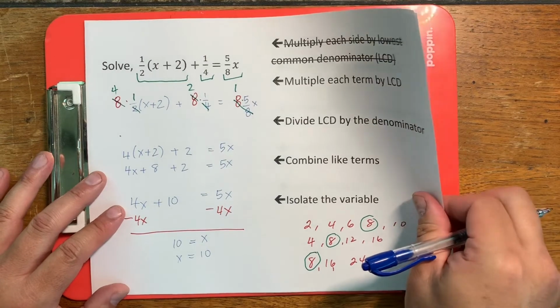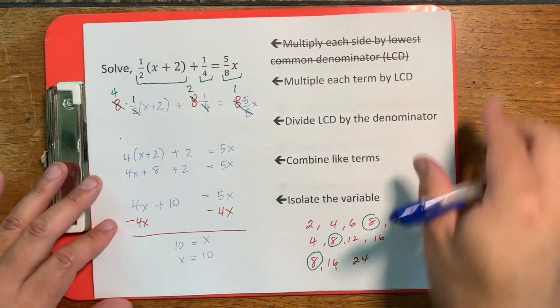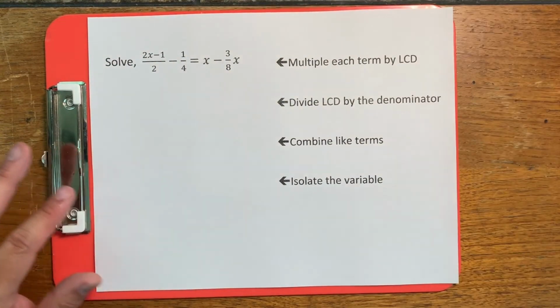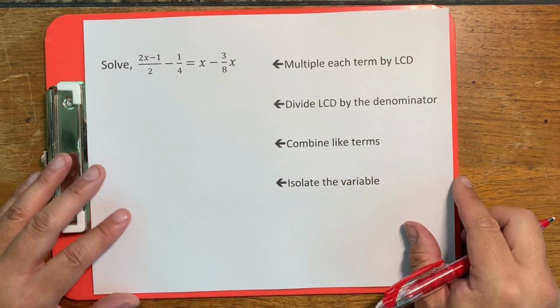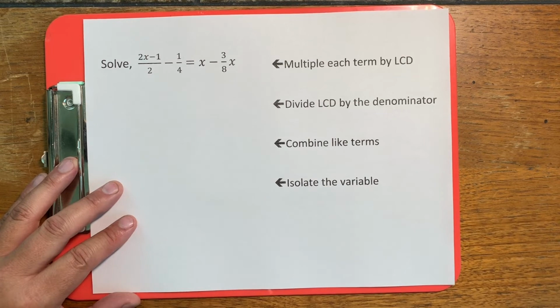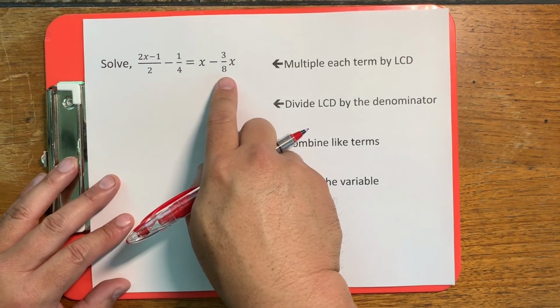Okay, let's do one more example. Let's try it again. Let's multiply each term by the LCD. In this case, my LCD will be 8 one more time.